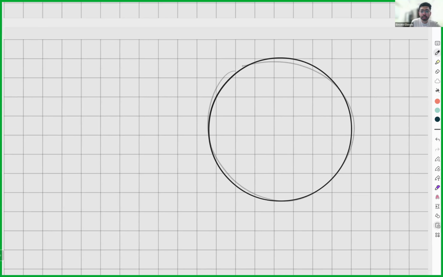Let us say this is a planet, or let us say this is Earth, and you have a tunnel which is dug through a chord on this sphere. Although the Earth is not exactly a sphere, it is an oblate spheroid.